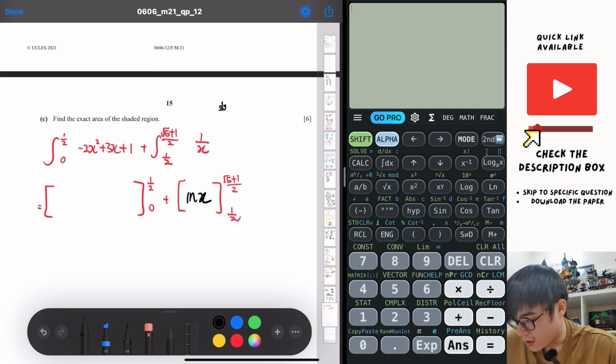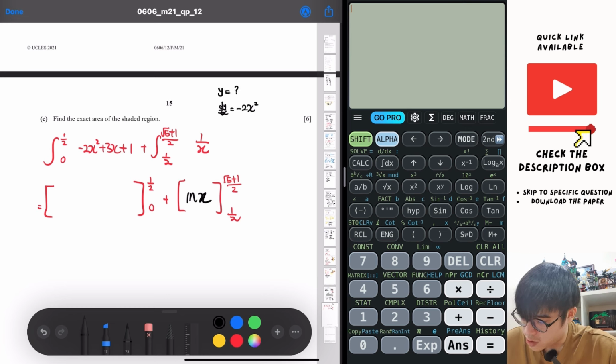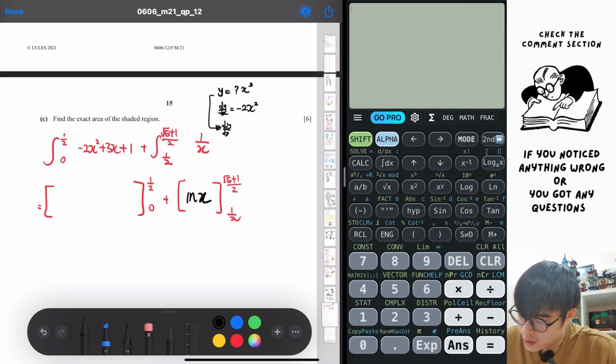You can set your dy/dx equals negative 2x squared. The y of it will have unknown integers, but the power will increase by 1. So you actually have x cubed here. So your dy/dx of that will be 3 unknown x squared.